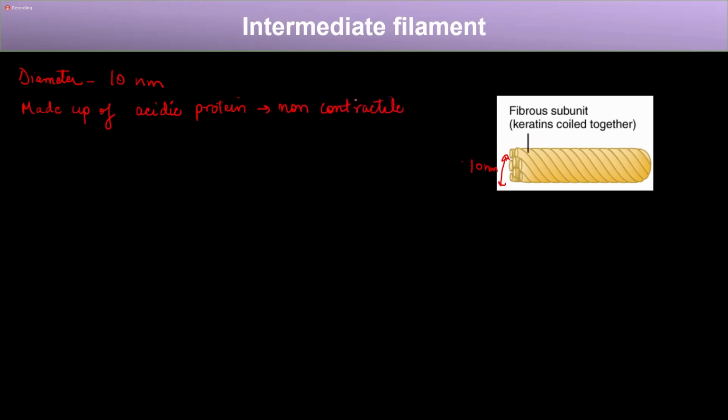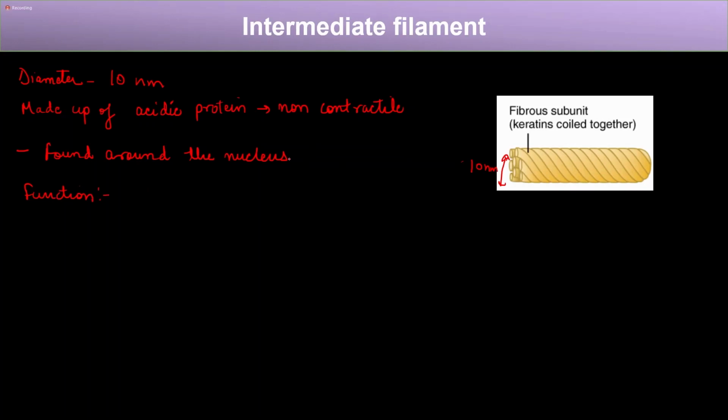Now, where are these intermediate filaments present? They are present all over the cell, but they are mainly found around the nucleus. If we talk about the function of these filaments, they provide structural support to the nuclear membrane.